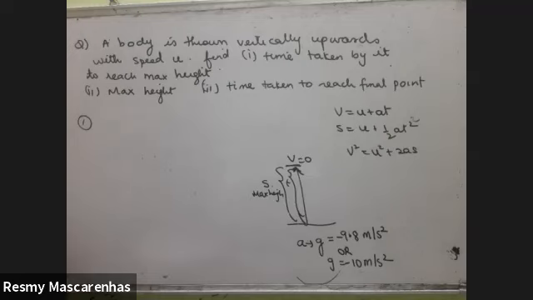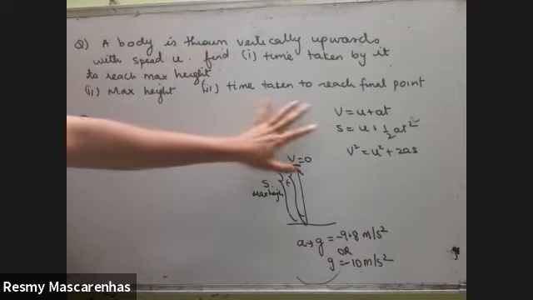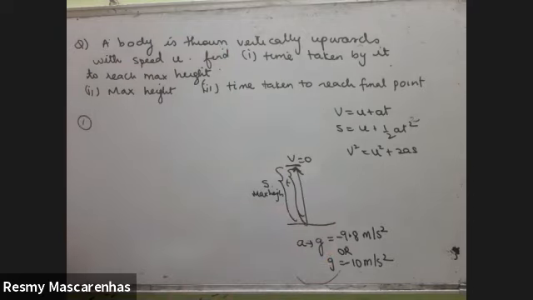Otherwise, if not mentioned, you take it as 9.8 meter per second square. This is when the values have been given to you. Right now, we'll calculate only in terms of formula. We will not substitute here.